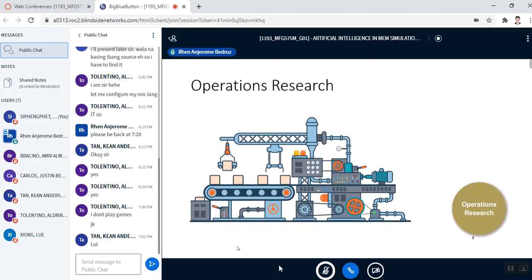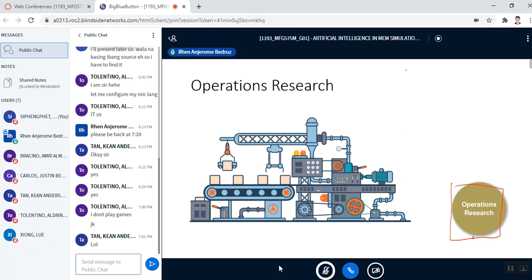This is the last part of AI, and this is the most important when it comes to manufacturing, since you're manufacturing engineering students. This is operations research. Normally it's done in manufacturing plants or in supply chains.